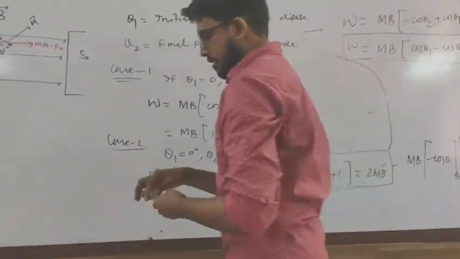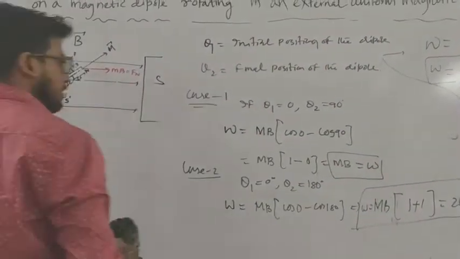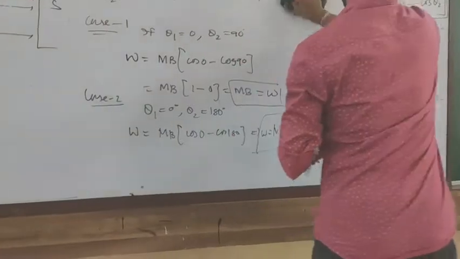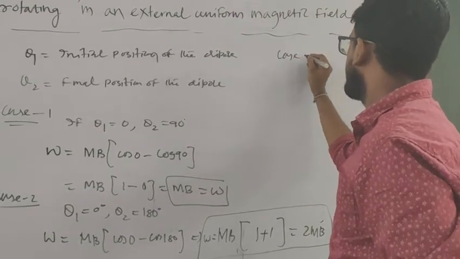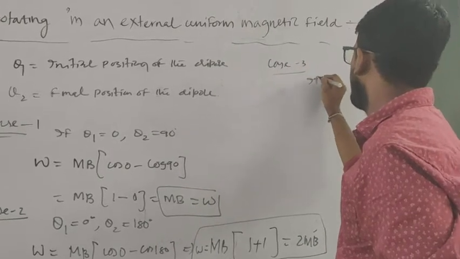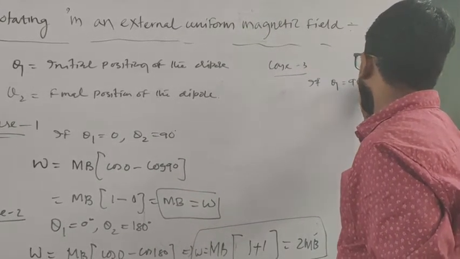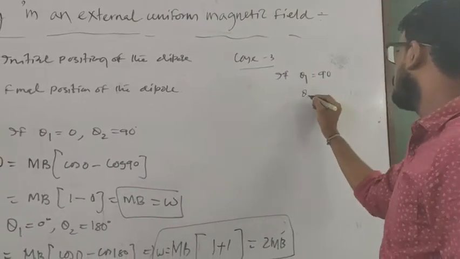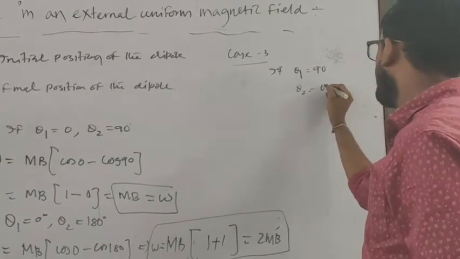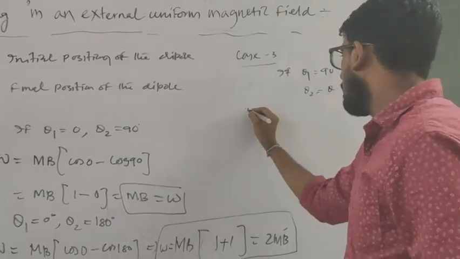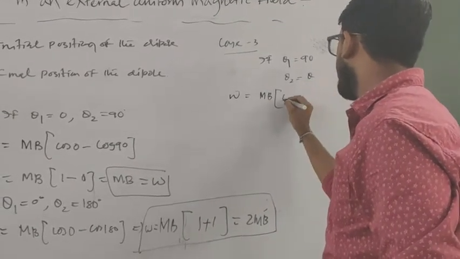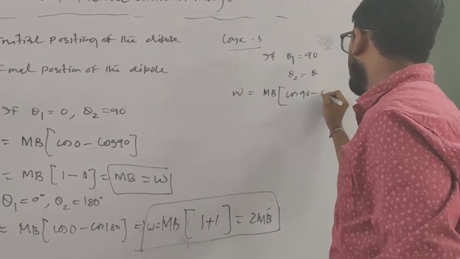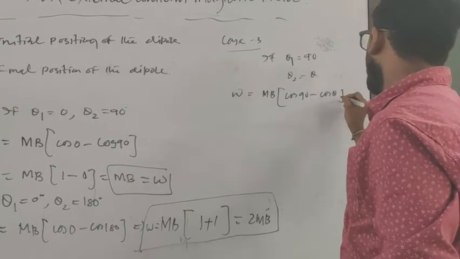Similarly, next case 3. If theta 1 equal to 90 and theta 2 equal to any further angle theta, then what will be the total work done by rotating the dipole? It will become MB cos 90 minus cos theta 2, which is theta.